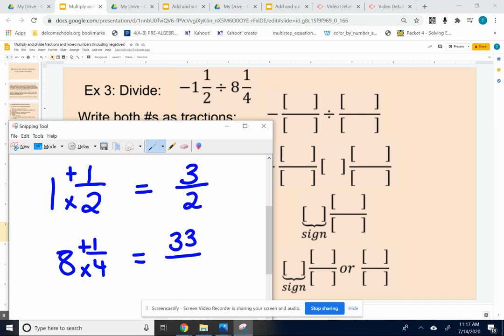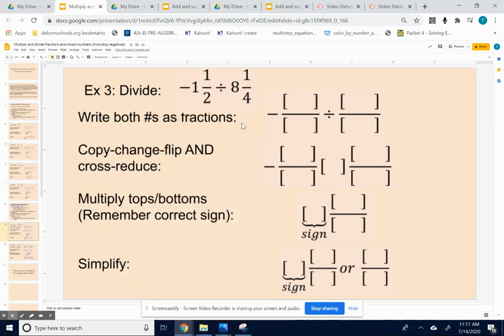Drag over the 4. So my two fractions are going to be negative 3/2 and 33 over 4. I have the negative sign already typed out there. So 3/2 and then 33 over 4.